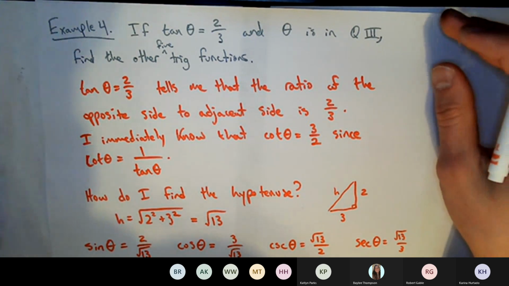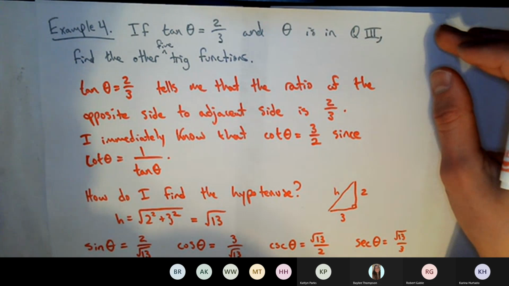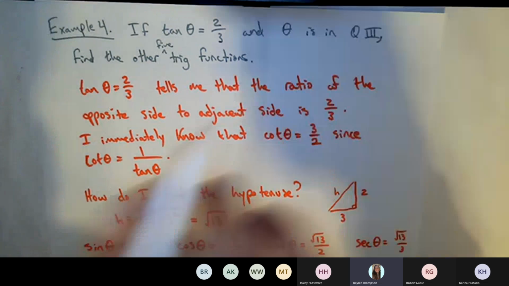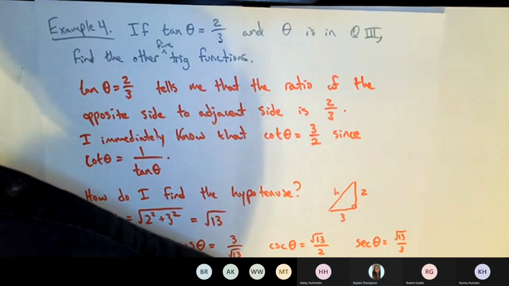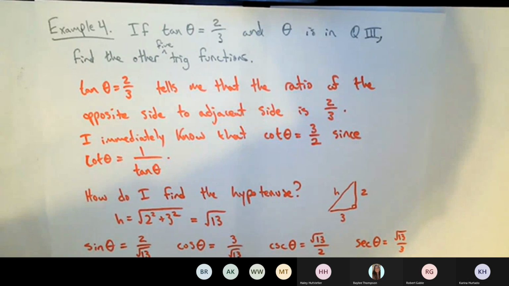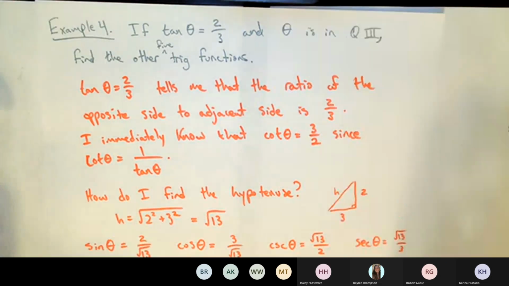Does anyone have an idea about which trig functions are negative in quadrant 3? Cosine? Yeah, and sine, right? Oh, okay. Karina may have sent a chat. Yes. Yeah, okay, Braden did. Yes, sine and cosine. That's right, sine and cosine.